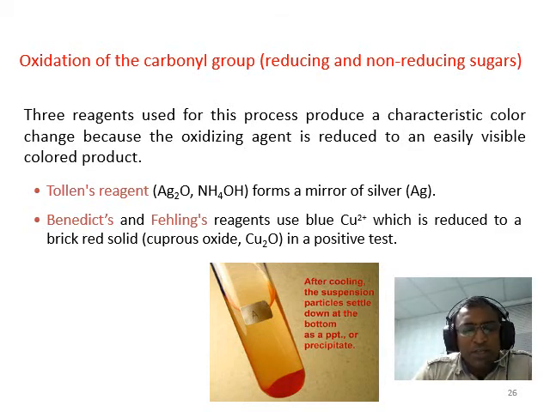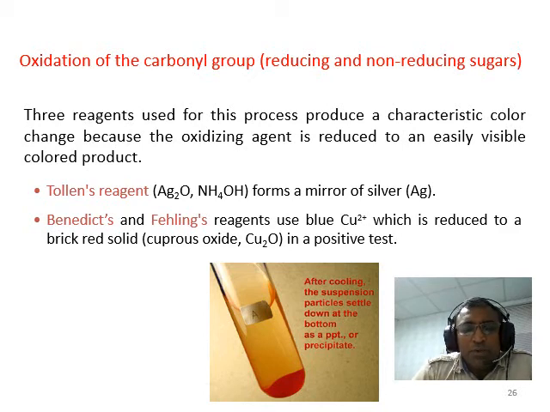So that's the indicator that there is a reducing sugar. You also have Benedict and Fehling, which have copper 2+ that will be converted to copper 1+, and therefore there will be a change in color, blue to brick red solid. And I show in the photo how the brick red solid looks.